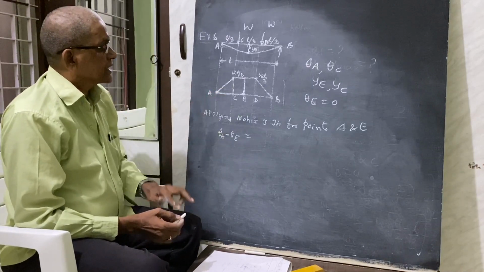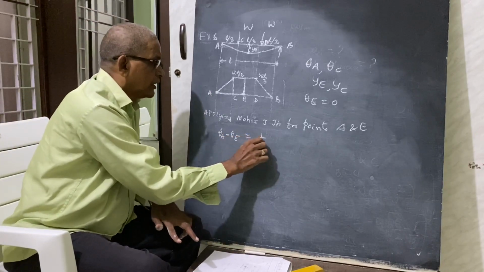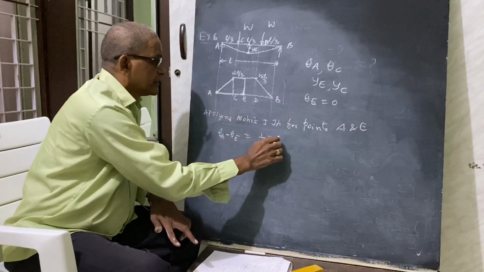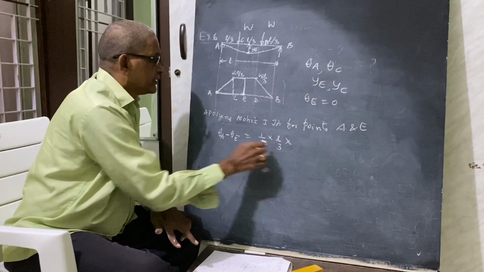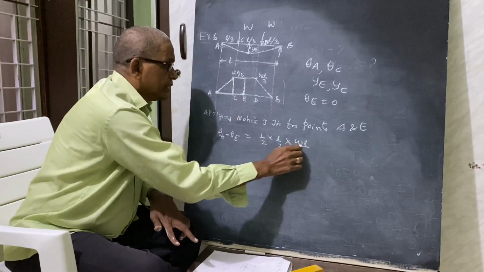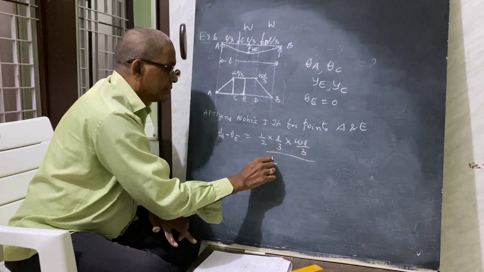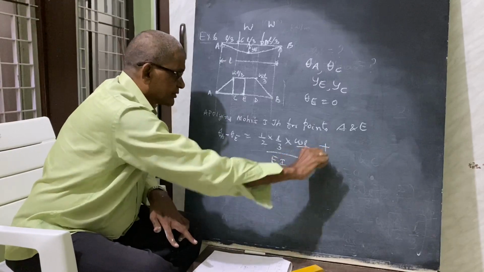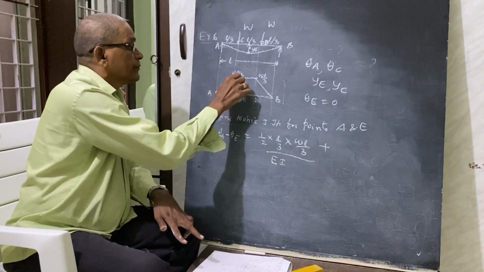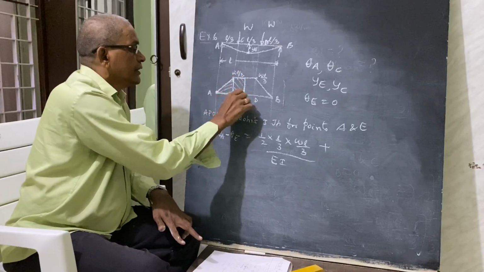So what is the area of this triangle now? Half into base. What is this base equal to? Nothing but L by 3, into the height from here to here, WL by 3 by EI, plus the area of this rectangle now.